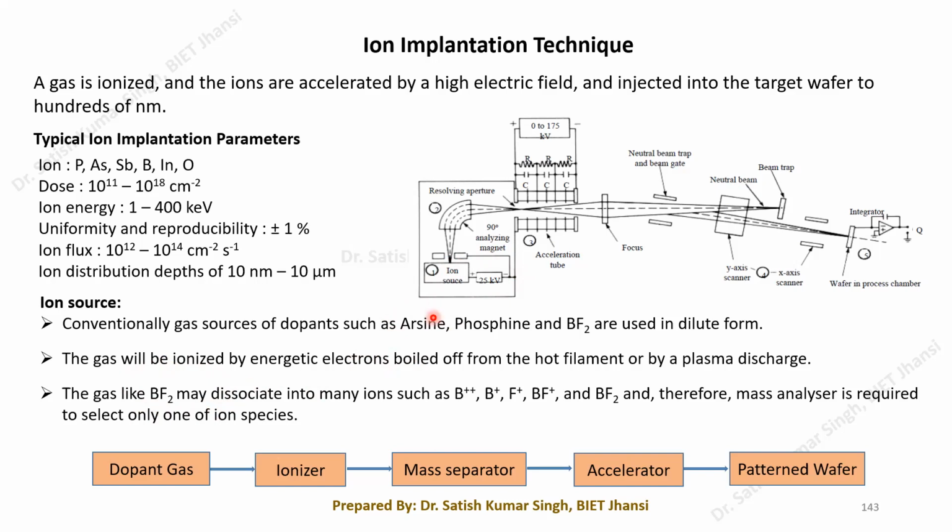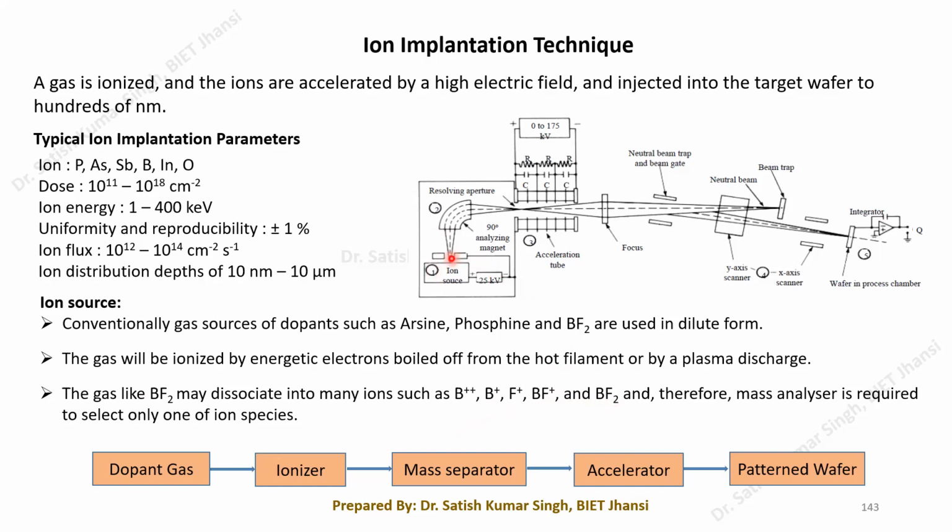Because of this bombardment, this gas is going to be dissociated into ions, and by that way it may be able to produce B2+, B+, F+, or these types of ions after the bombardment of high energetic electrons within this source.